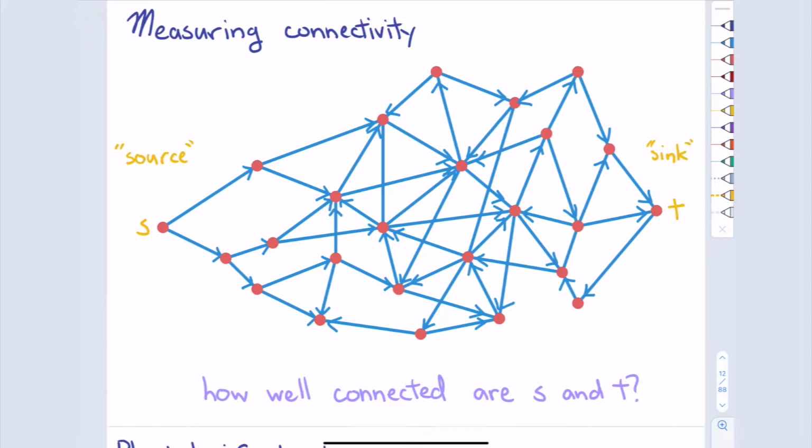Maybe I can ask you now. In this graph, how many edge disjoint paths are there from S to T? Maximum number. Can anyone find two?